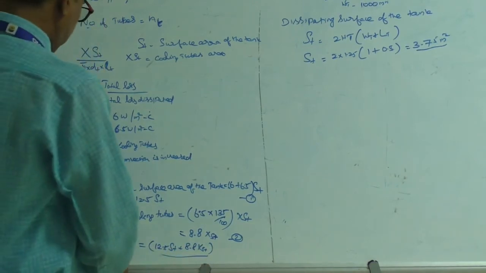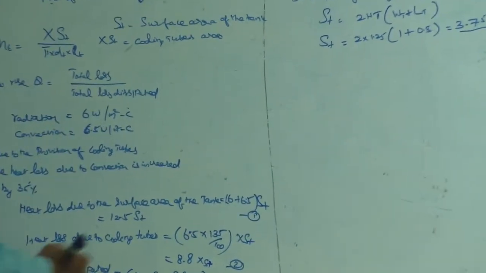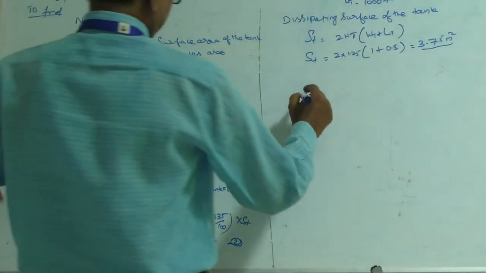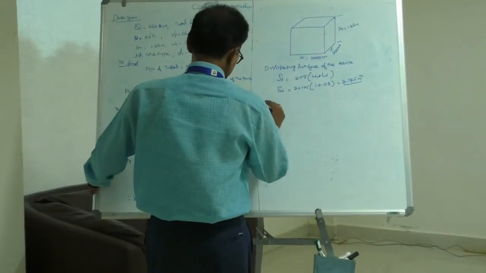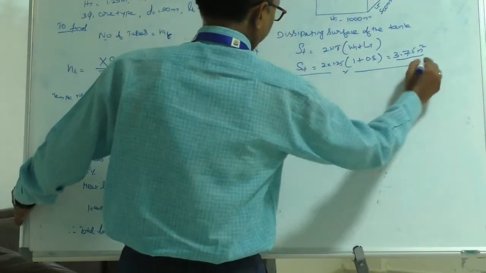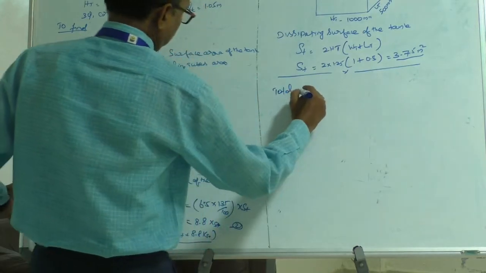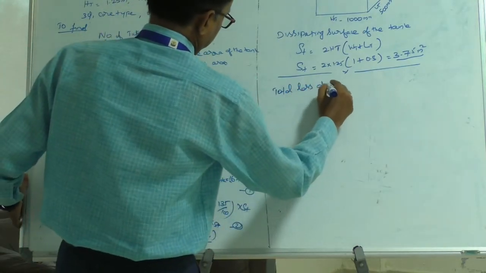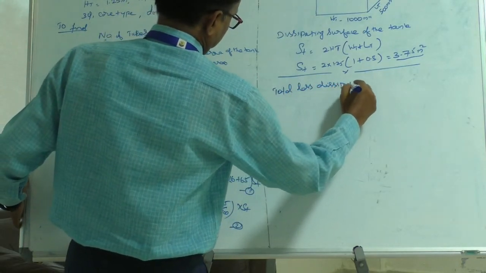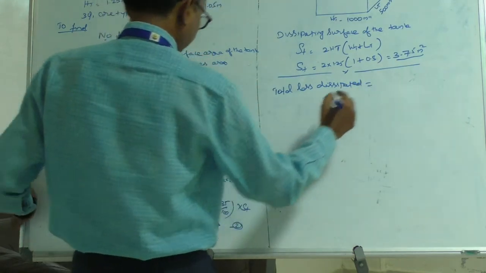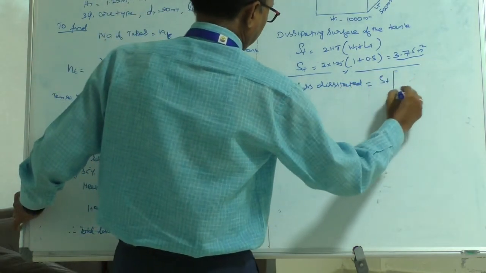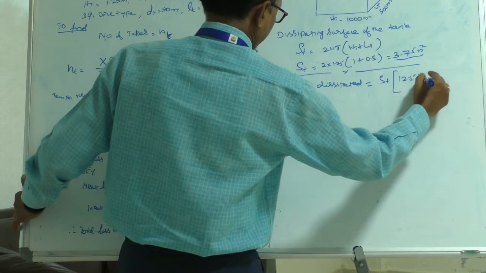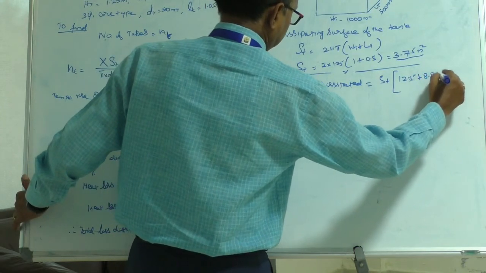Now, what is this? This is total loss dissipated. So this can be rewritten as total loss dissipated is equal to ST, you take it outside, you get ST into 12.5 plus 8.8 X.